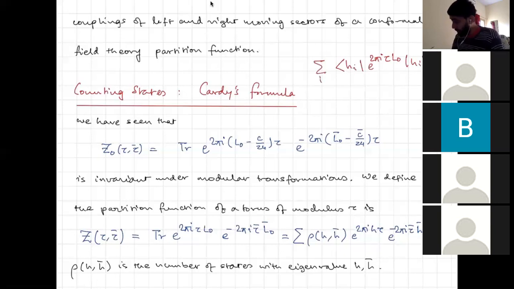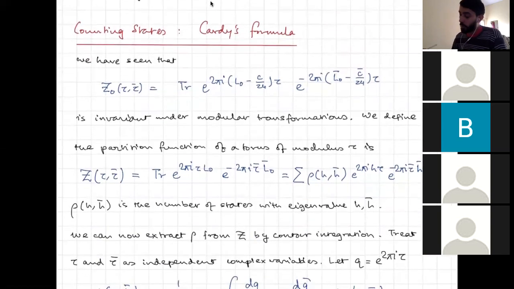Once you take this L naught, what you have at the end of the day is e to the 2 pi i tau h, but you will also have rho of h, which multiplies this, because rho of h is the number of states with an eigenvalue h. This is the sum that we are trying to do. Very good.